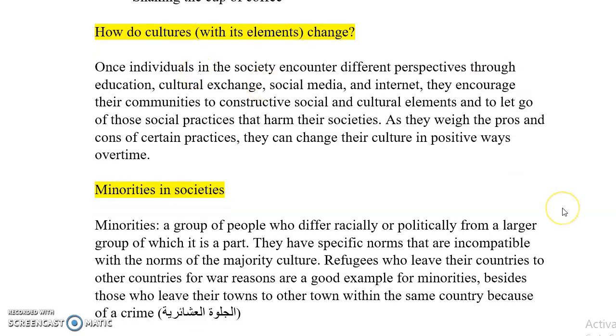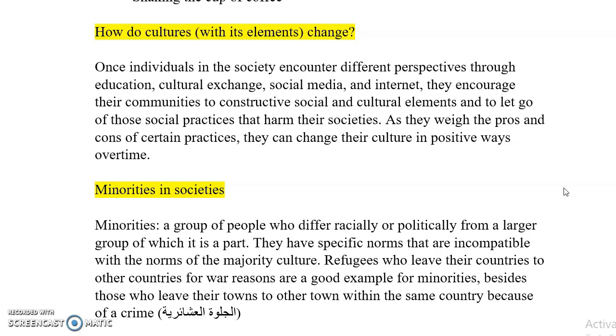Once individuals in the society encounter different perspectives through education, cultural exchange, social media, and the internet, they encourage their communities to construct social and cultural elements and to let go of those social practices that harm their societies.